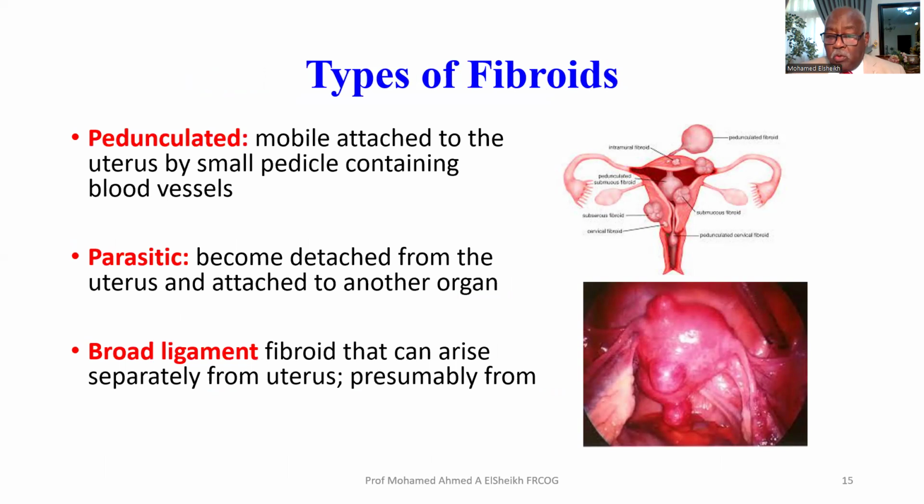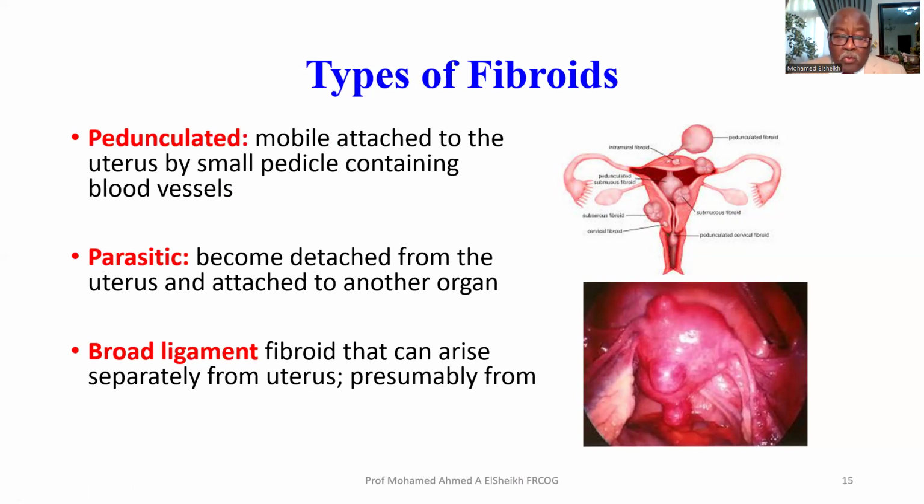The other group you'd like to be keen about are the pedunculated fibroids. This is an example here. It is mobile, attached to the uterus by a small pedicle containing the blood supply. This is the pedicle that contains the blood supply, and here is the fibroid. Parasitic, when it becomes detached from the uterus and attached to another organ.